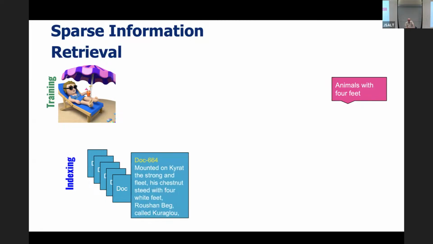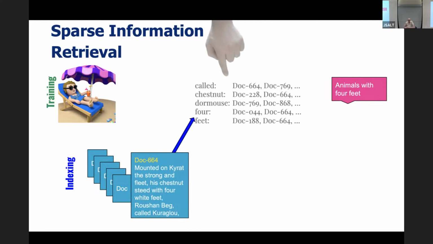At indexing time, you take your documents, break them down into terms, and you essentially build a concordance, right? You build a concordance where each word is mapped to the documents that contain that word. So here's document 684, and you can see that the words chestnut, 4, and feet all say that document 664 has them in it.